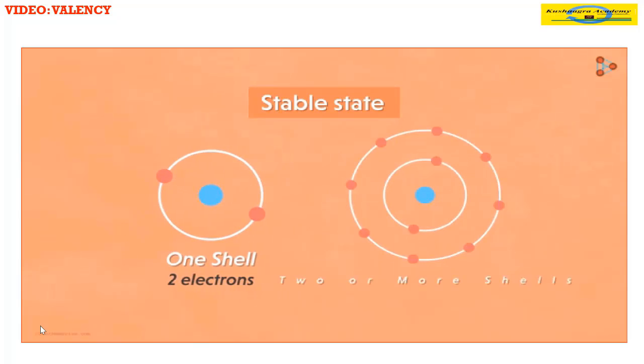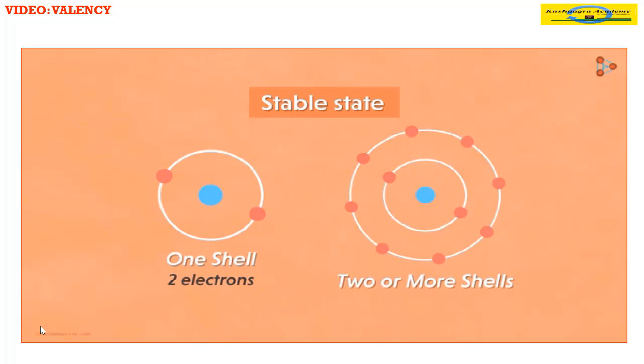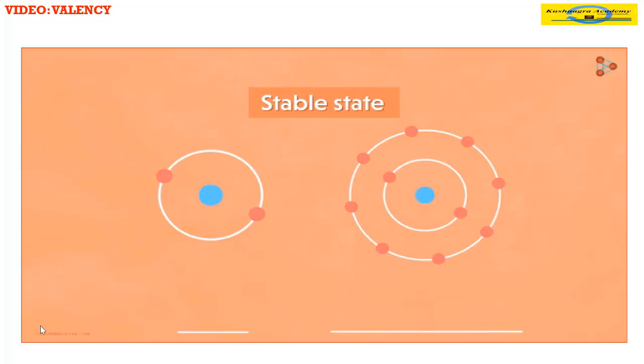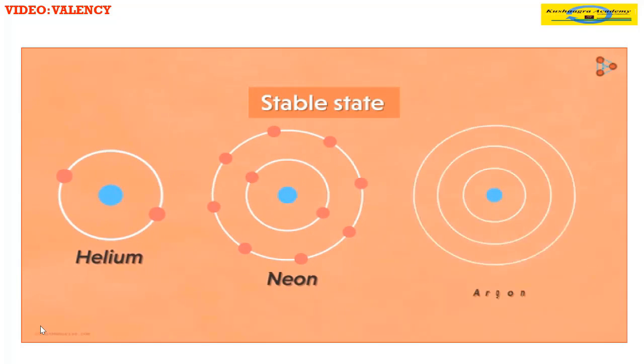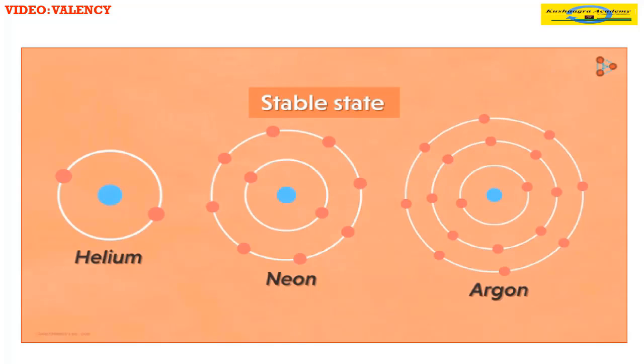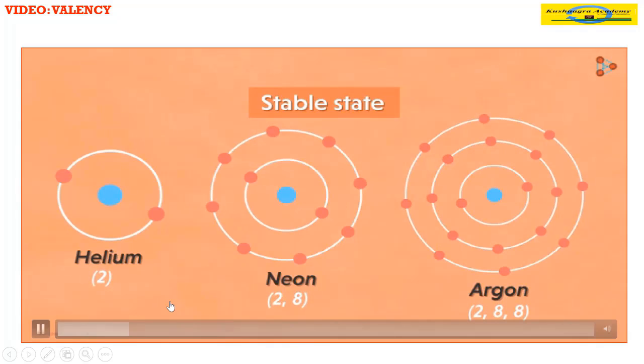And if the atom has 2 or more shells, then the stable state is achieved when the outermost shell contains 8 electrons. It's called an octet. But the stable state is seen only in a few elements. We know that elements like helium, neon, argon, etc. have atoms with such a desired electronic configuration.